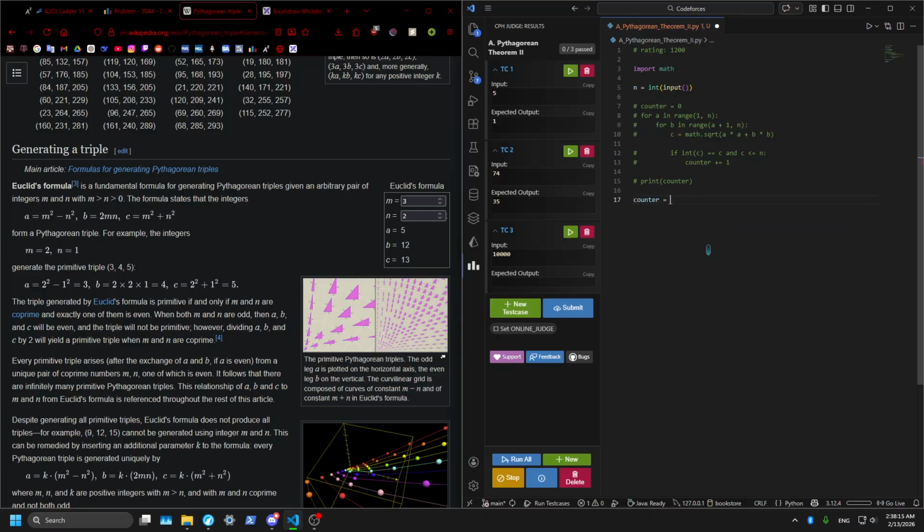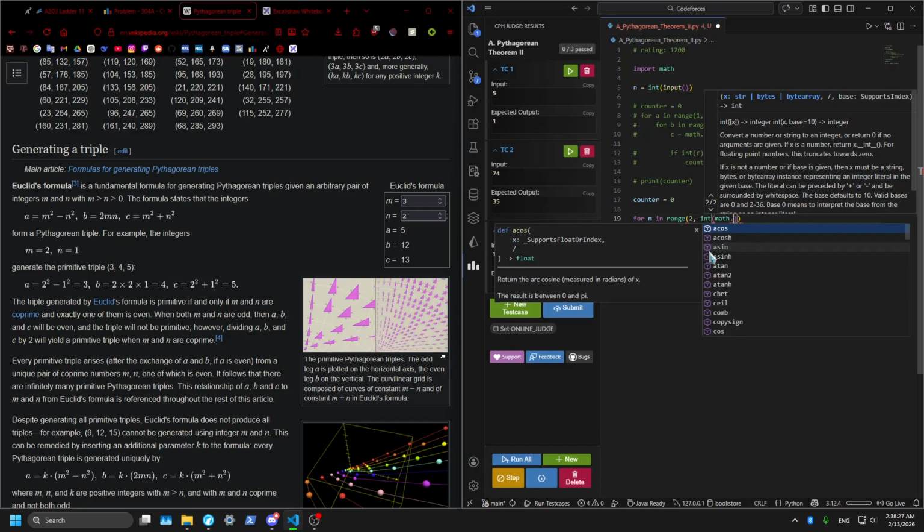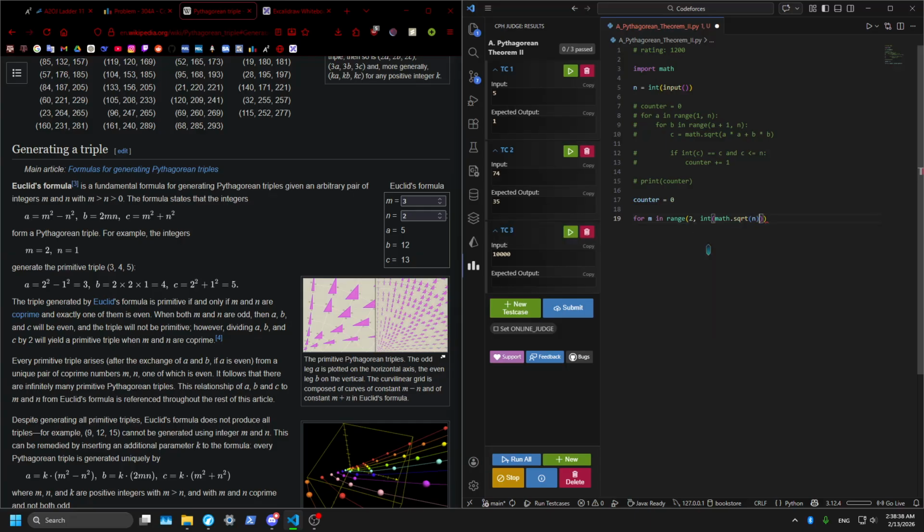Counter was 0, for m in range 2, int math.sqrt n plus 2.